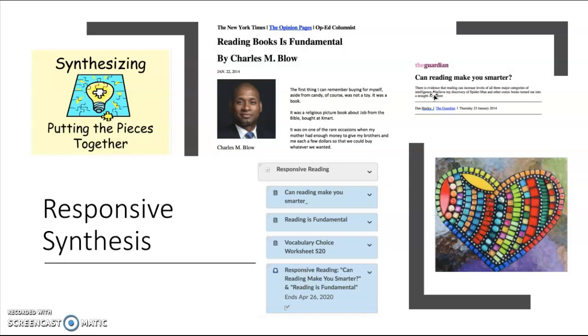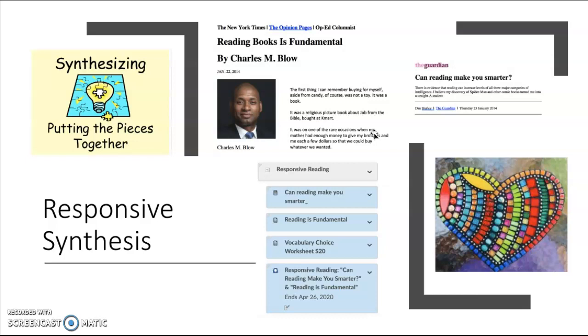And then you're going to talk about the big ideas that both of these essays have in common, or the contrasting ideas. Okay, so I'm pushing you a little bit. I know this is a little bit harder than your regular run-of-the-mill reflection paper, but I want you to be pulling those textual connections out and writing about them and how you feel about them and what you think about them.